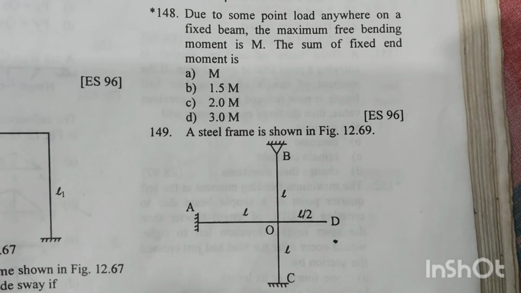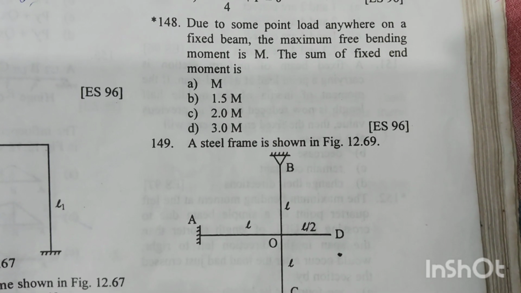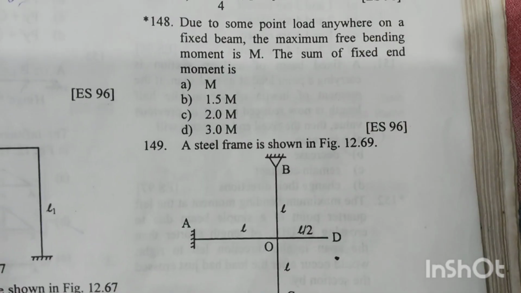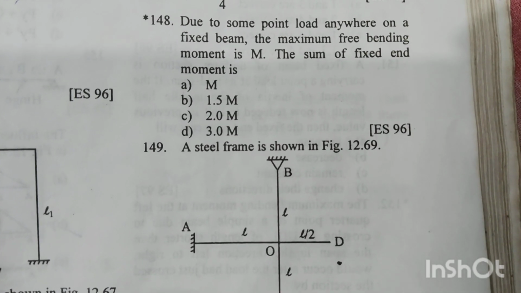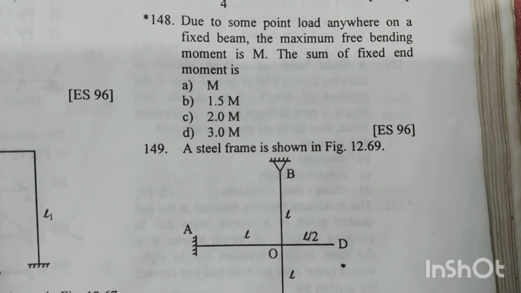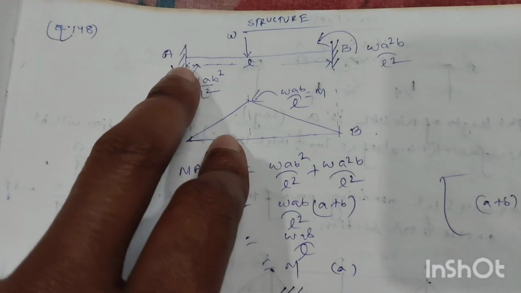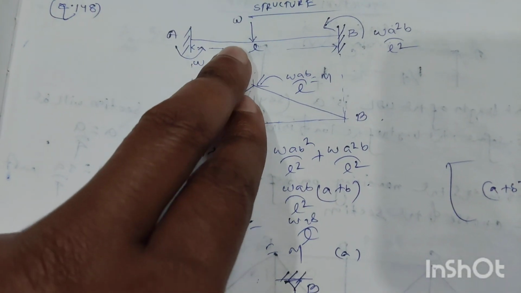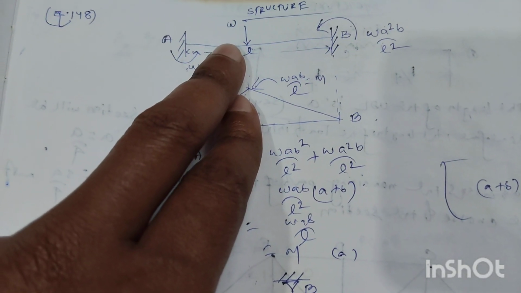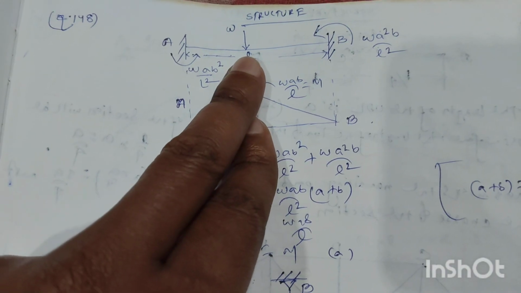Question number 148. Due to some point load anywhere on a fixed beam, the maximum free bending moment is capital M. The sum of fixed end moment is? So this is our fixed beam AB, and concentrated load W is somewhere in the beam.